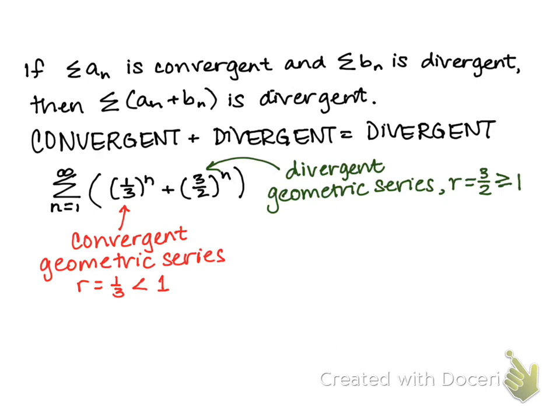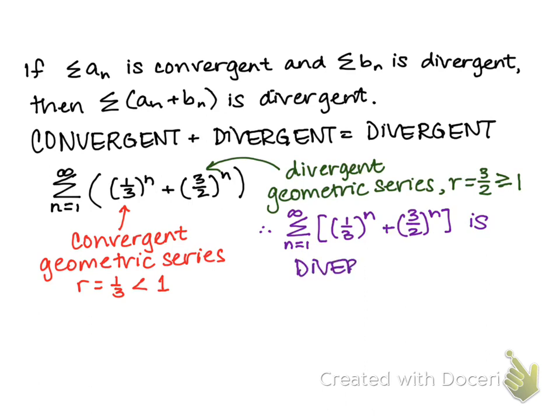Therefore, my conclusion is that the infinite series from 1 to infinity of 1/3 to the n plus 3/2 to the n is divergent, and my reasoning is that convergent plus divergent is divergent.